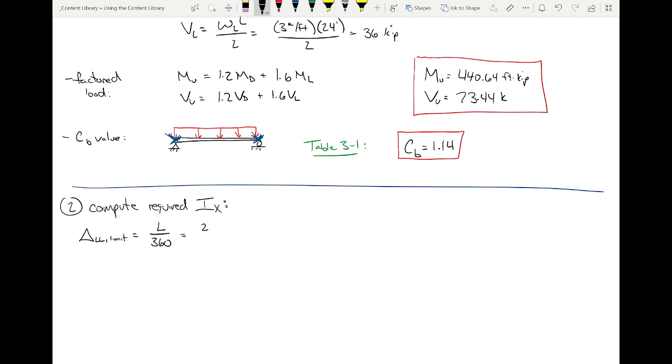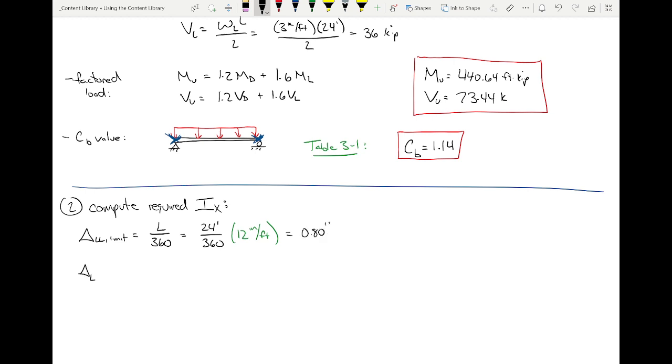Which is 24 feet over 360, but remember, we want an answer in inches, right? So what is 24 times 12 over 360? Huh? 0.8.